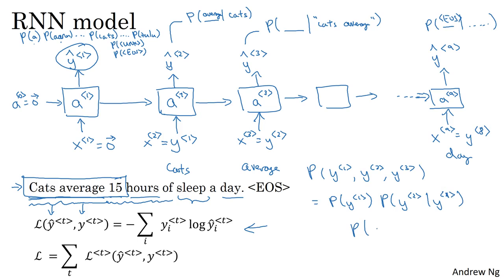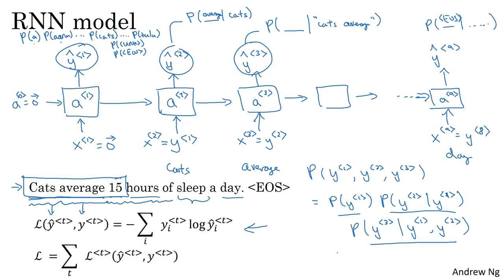And then the third one tells you what's the chance of y3 given y1 and y2. And so it's by multiplying out these 3 probabilities, and you see much more of the details of this in the programming exercise, but it's by multiplying out these 3 that you end up with the probability of this 3-word sentence. So that's the basic structure of how you can train a language model using an RNN.